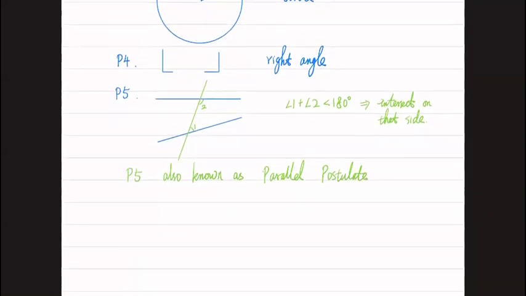It gives us a condition when two lines are parallel: they are parallel if the summation is 180.